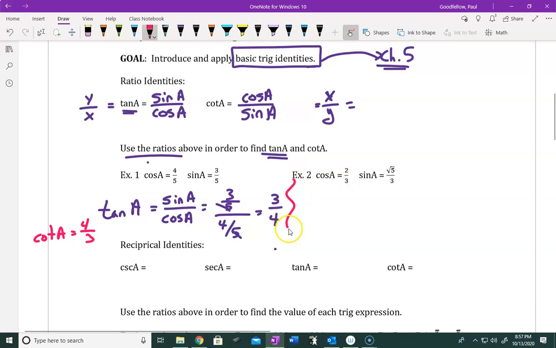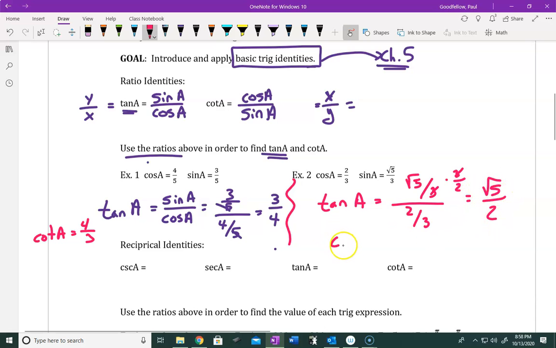Now, what if you were doing the one next door? Let's try this one. Tangent. The tangent of a would be, in this case, square root of 5 over 3 divided by 2 over 3. And again, this would reciprocate. Some people need to actually see this, and that's okay. They would cancel, and you'd end up with the square root of 5 over 2. Now be careful.